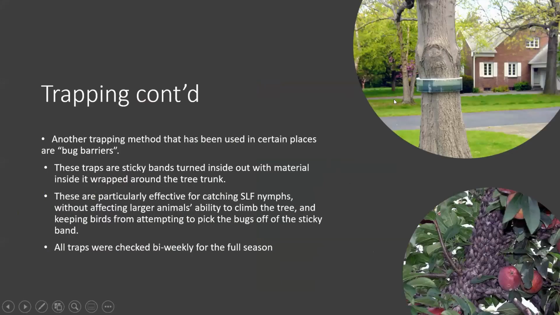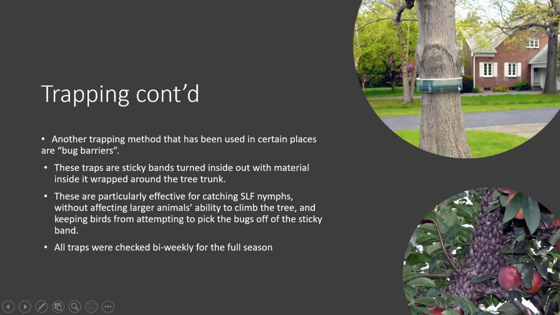There's another trapping method called bug barriers. These are sticky bands that are turned inside out, and they have some foam, almost like an insulation. It's a cotton substance that's underneath it. These are just wrapped around the trunk, and they're effective for catching nymphs.